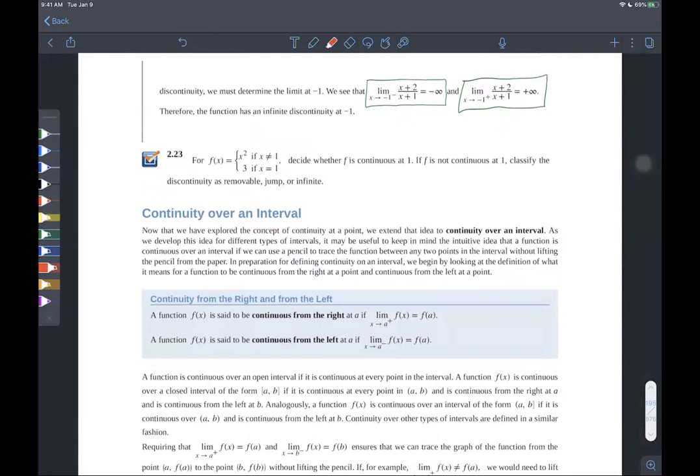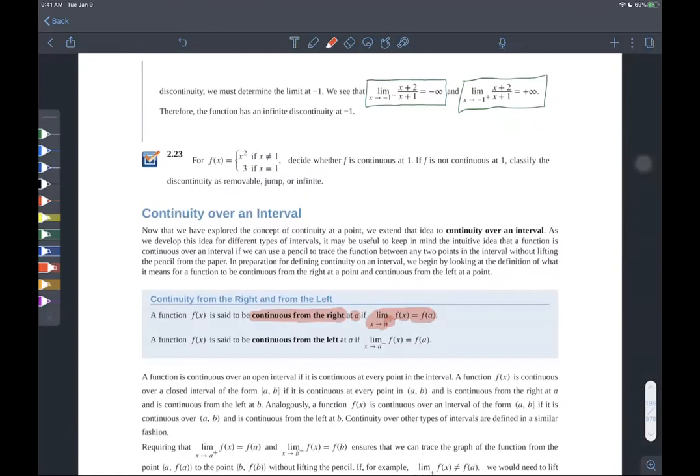So a function f of x is said to be continuous from the right if, notice this is very similar to the condition for continuity from before, the limit as x approaches a from the right is equal to f of a. Okay, so the only thing is we're looking at the limit from the right only.